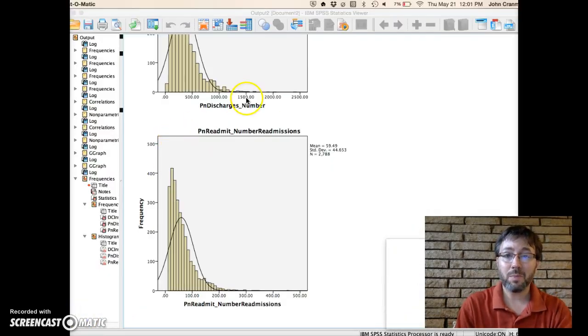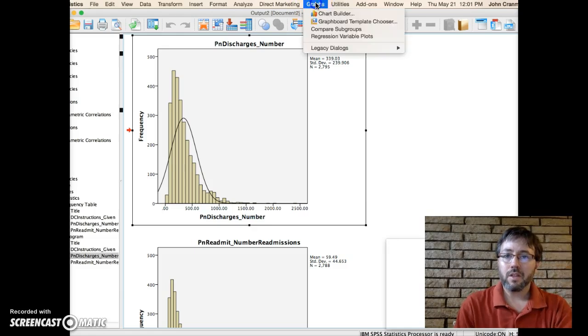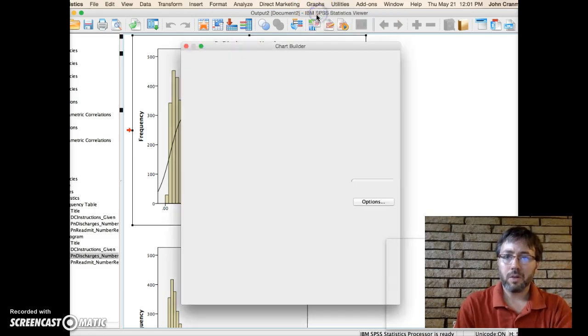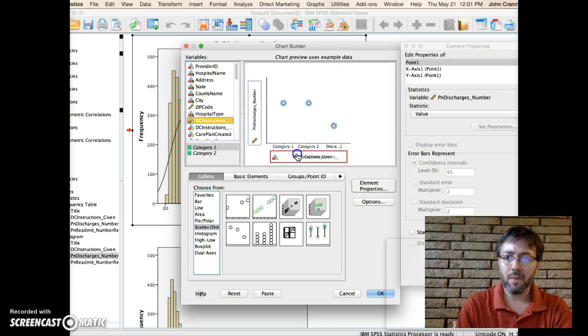So we're back in SPSS again. Go to your navigation bar at the top, and let's go to Graphs, Chart Builder. This time, let's put discharge instructions being given on the x-axis, and the number of pneumonia readmissions on the y-axis. We'll scroll through our variables, and here's pneumonia readmissions.